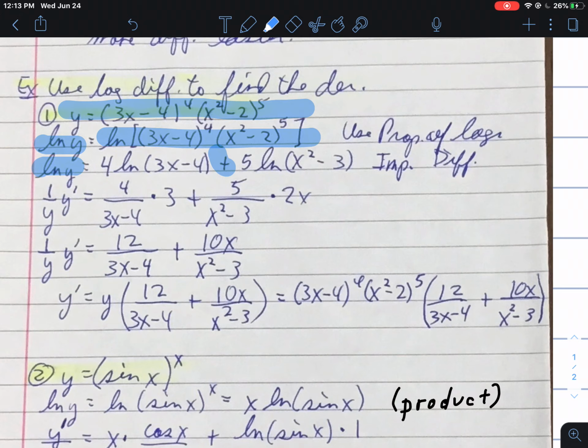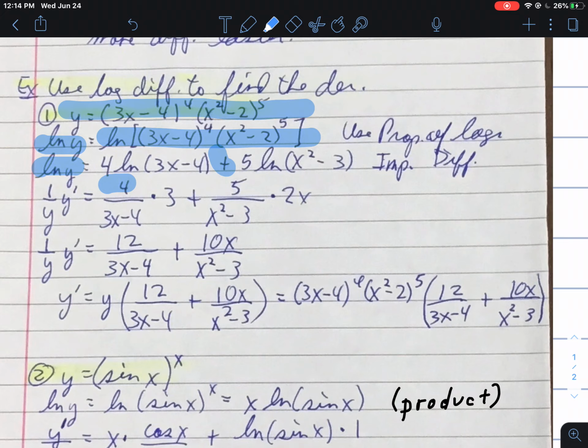And then I used the power property, and I brought the exponent in front of the log. So I combined those into one step. The log of a product is the sum of the logs, and then by the power property, I pulled the exponent out in front of the log. Now we're set up similar to the one that we just did. I can differentiate those functions, and the derivative of the log functions is pretty straightforward.